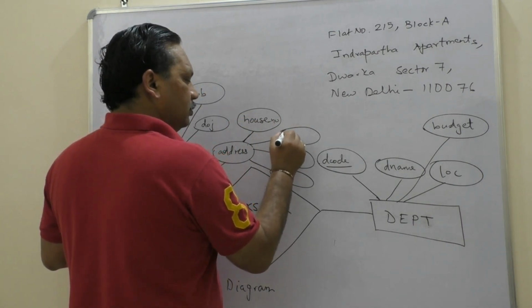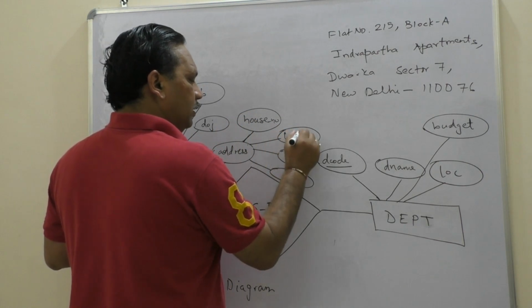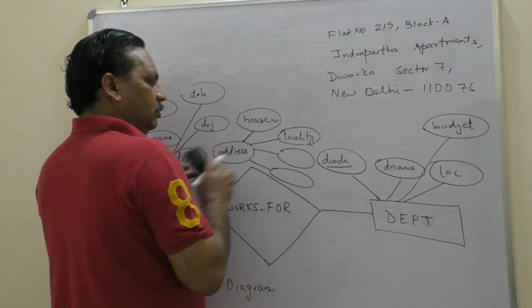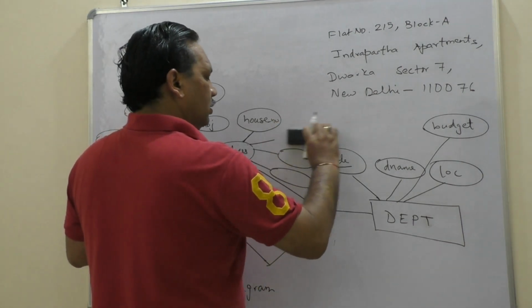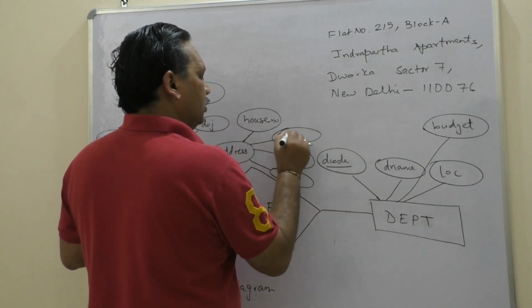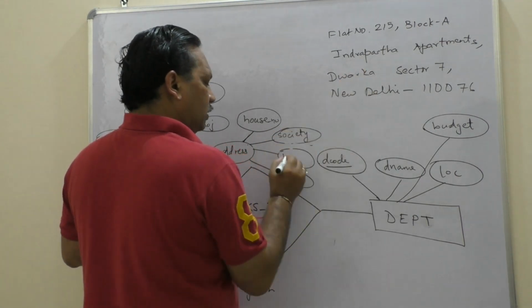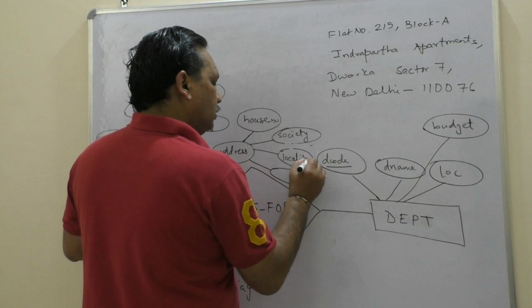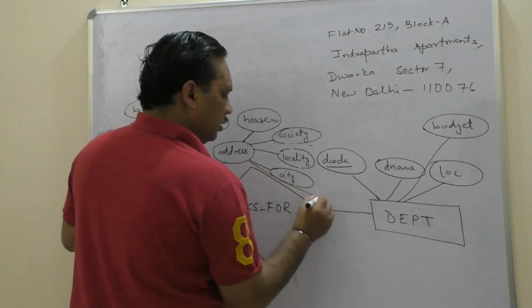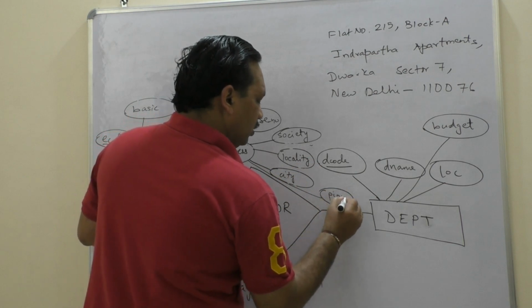Then street, locality, or you can say society. This is the locality, that means Dwarka here, and this is the city, and then another column, pin code.